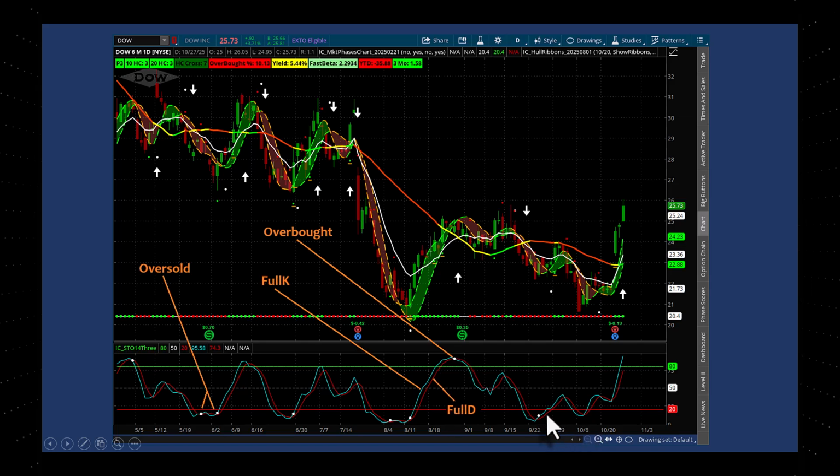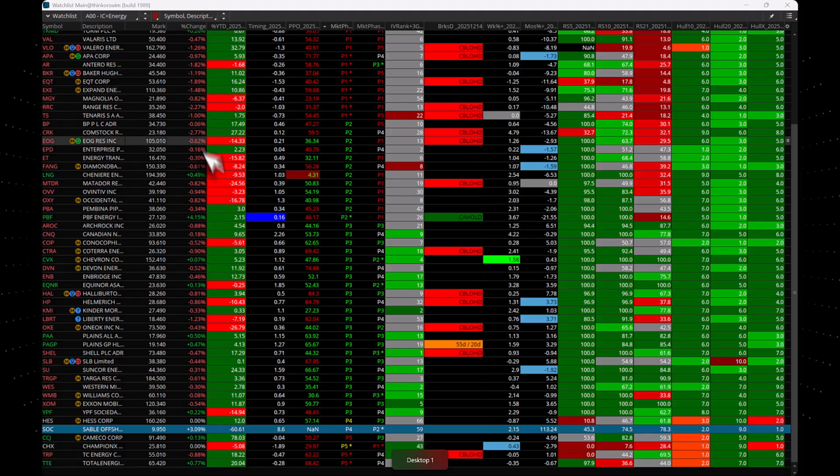And likewise, if you have something on the other side where they're both below 20 and the full K crosses back up through it, you're going to end up with a reversal to the upside. So on the chart, those indications are shown as dark blue for being oversold, and these are all oversold.